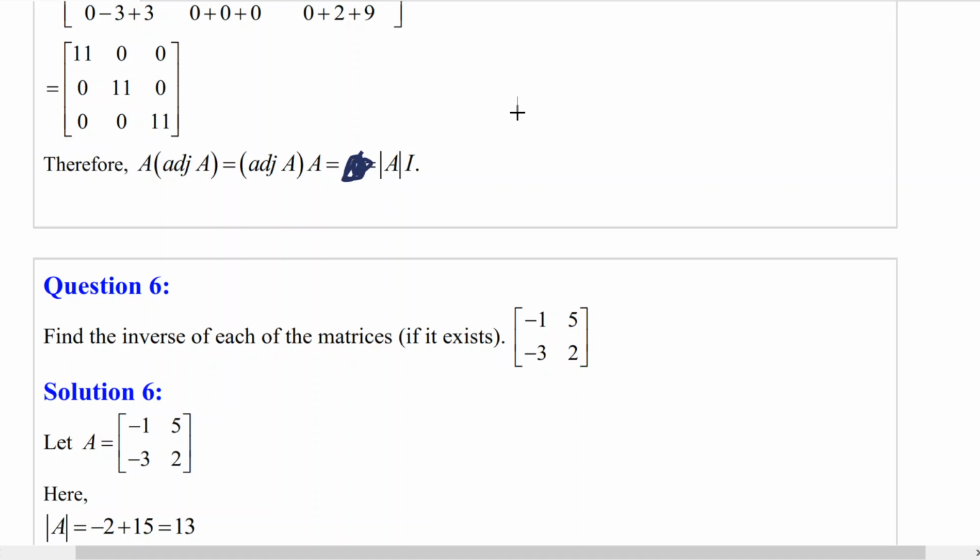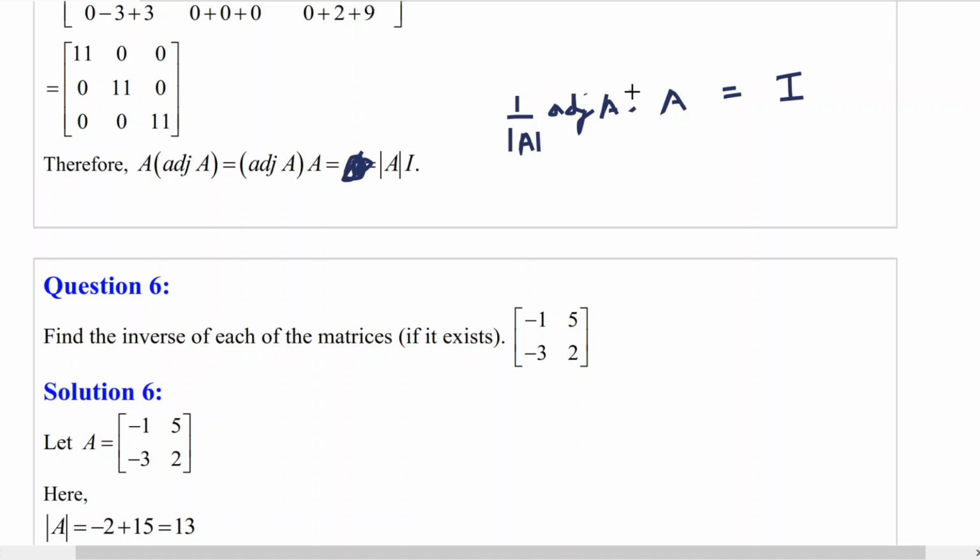We'll get 1 upon determinant A into adjoint A into A is equal to I.